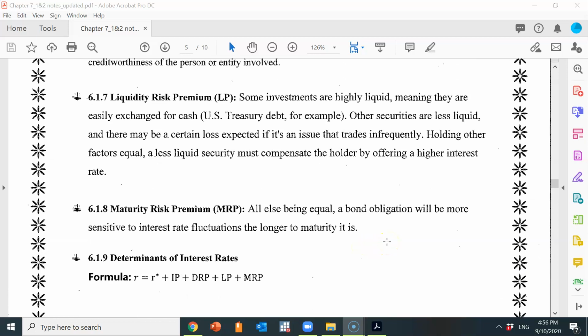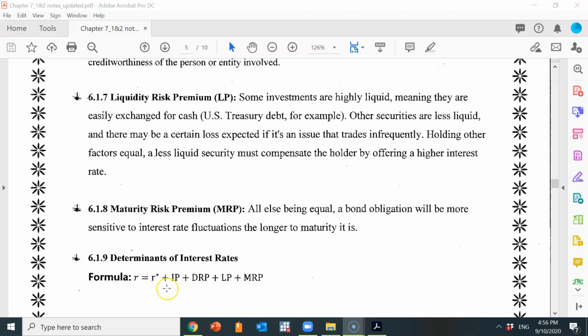Here are the 4 risk premiums for bonds, and we treat these premiums as determinants of interest rates. The interest rate R equals R star. We start from R star. R star is the real risk-free rate. This is for risk-free assets.